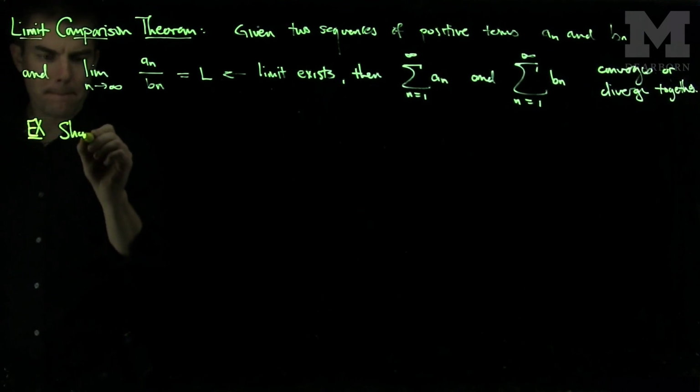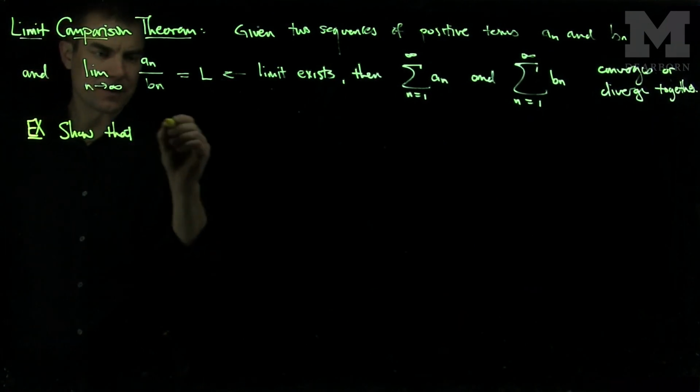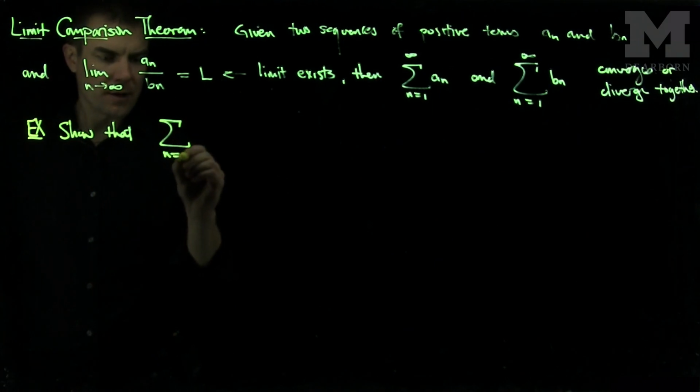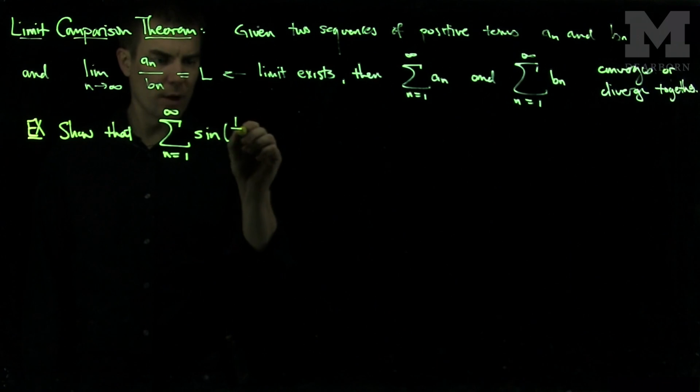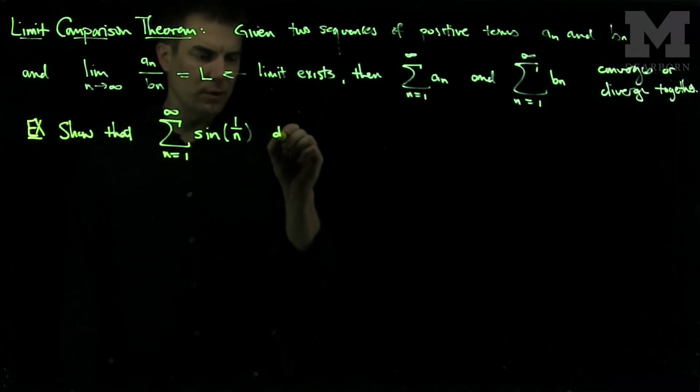Let's show that the sum, n goes from 1 to infinity, of the sine of 1 over n will diverge.